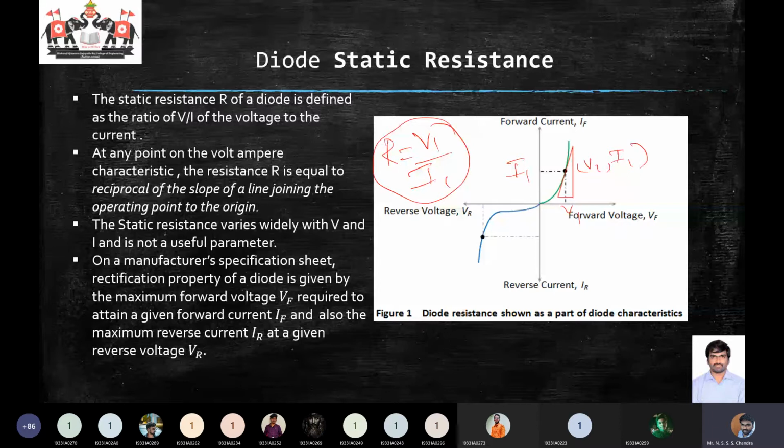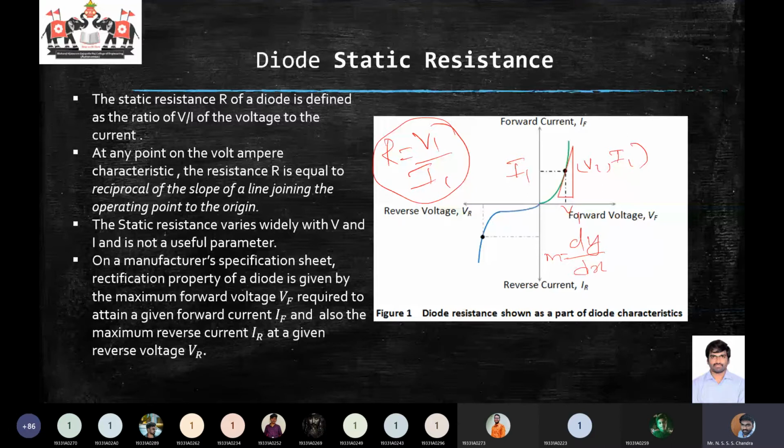At any point on the volt-ampere characteristics, resistance will be nothing but the inverse of the slope, because for this graph at any given point the slope is nothing but dy by dx. Slope m is dy by dx.